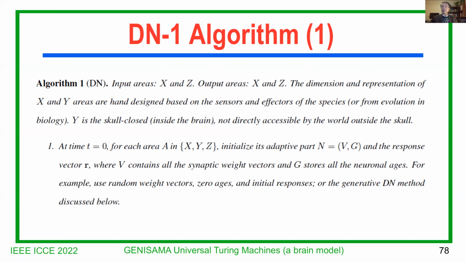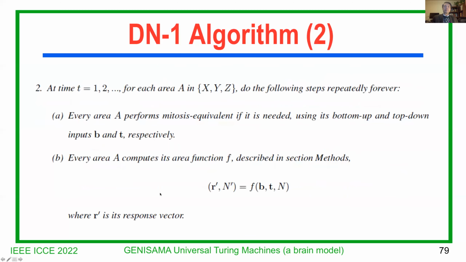Not just input vector and weight. The response vector R, where V contains all the synaptic weight vectors and G stores all neuronal ages in this case. Later on, we extend it. For example, use random weight vectors, 0 ages, and initial responses, or the generative DN method described below.